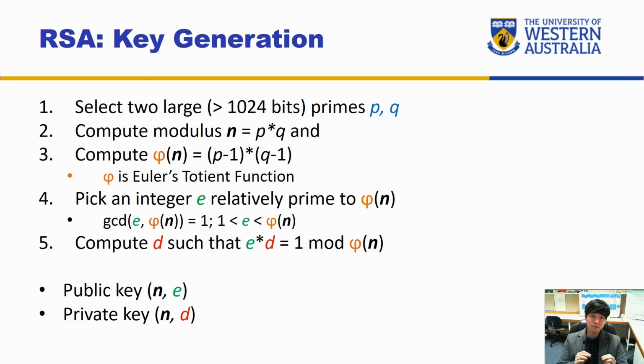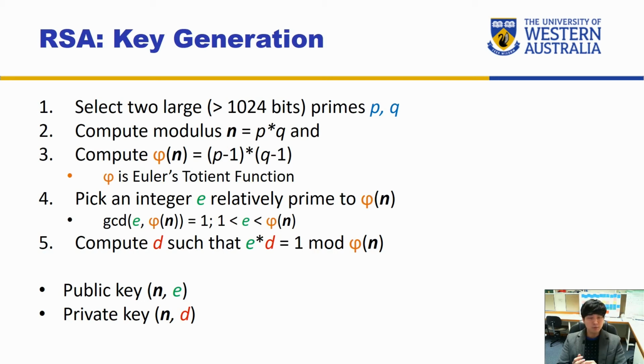Remember, relatively prime means they don't share any common divisors greater than 1. Once we calculated e, you can use that e as the public key. And the final step is to compute d such that e times d is equivalent to 1 mod phi n. Once you calculate that d, you now have public key and private key pairs.